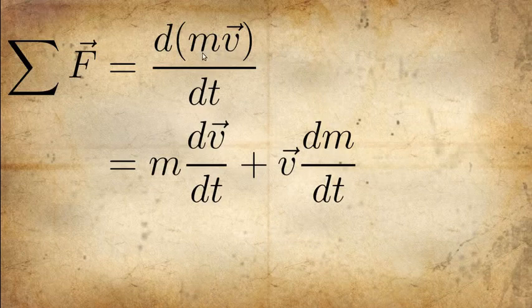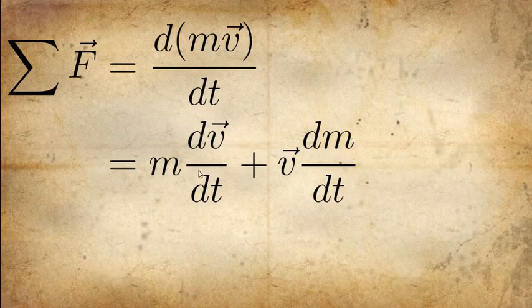Mass is a function of time because the rocket loses water. Velocity is a function of time because the thrust is changing as the pressure inside the rocket changes and we run out of water, and it picks up speed, drag acts on it. So we have two functions of time. In that case, we need to take the first function times the second one's derivative plus the second function times the first one's derivative.